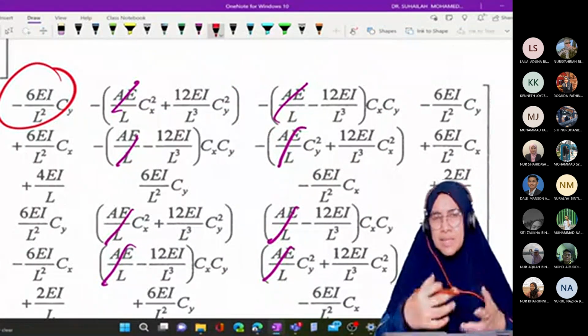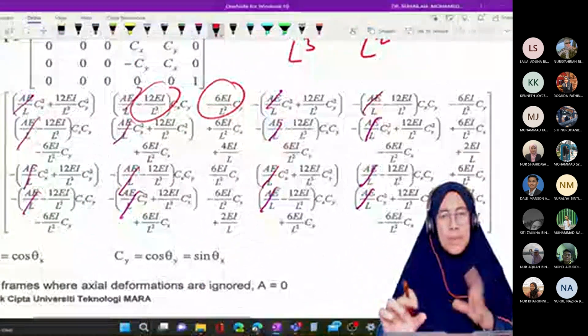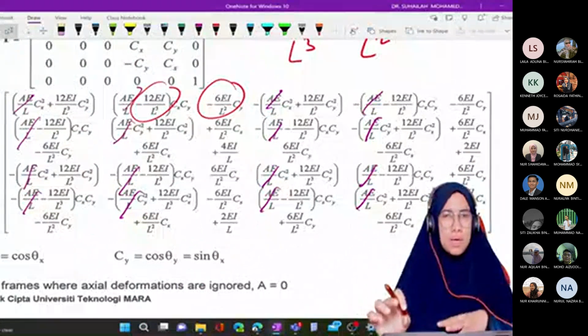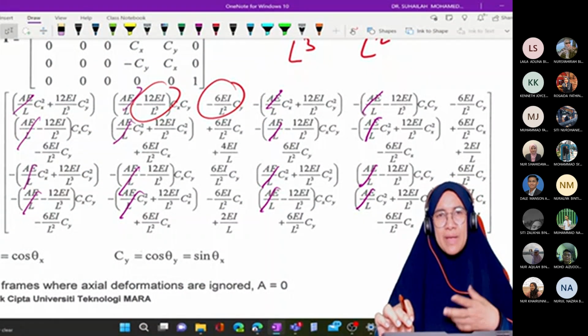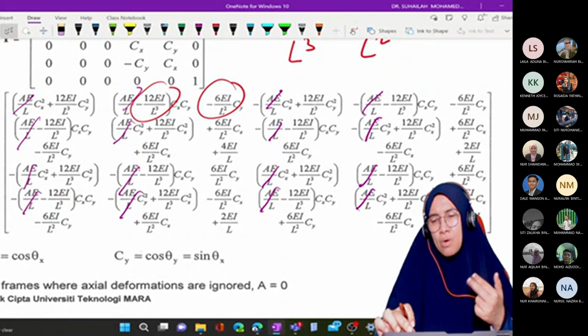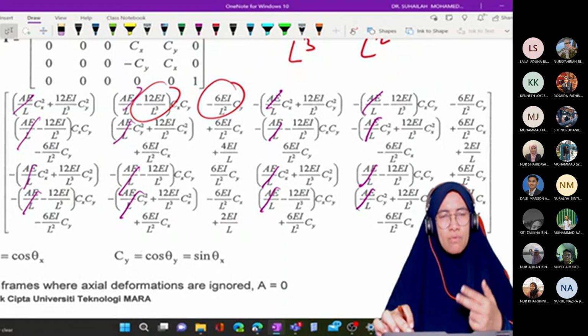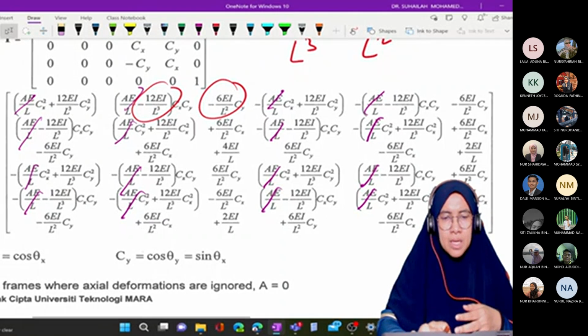Okay, repeating the same. Even though you can see that this looks complicated, okay, formula, but it will repeat the same value. Okay, 12 over L cube, 6 over L square, 6 over L square.